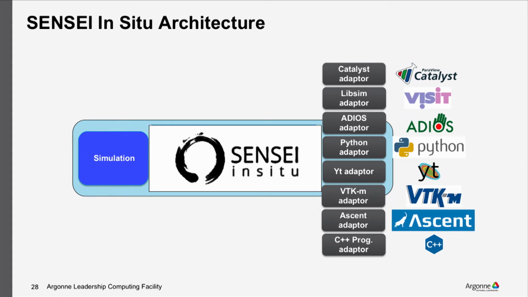Including Catalyst, which is the in situ version of ParaView, LibSim for VisIt, ADIOS from Oak Ridge, which is a library mostly for data movement, and there's Python, yt, VTK-m, Ascent, and C++ as well.